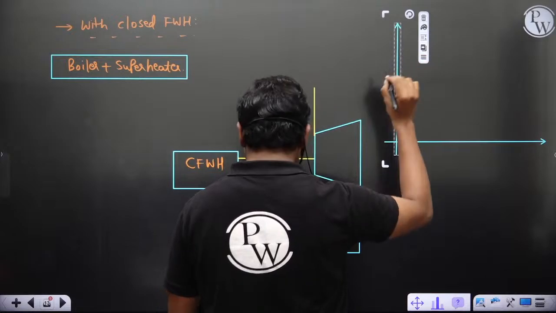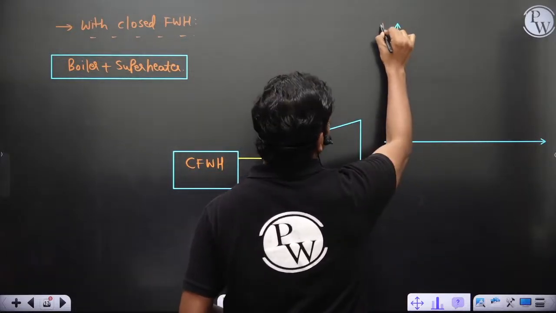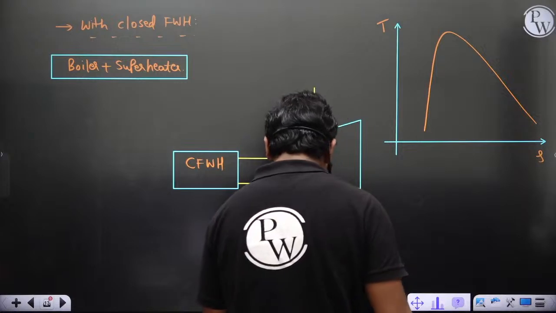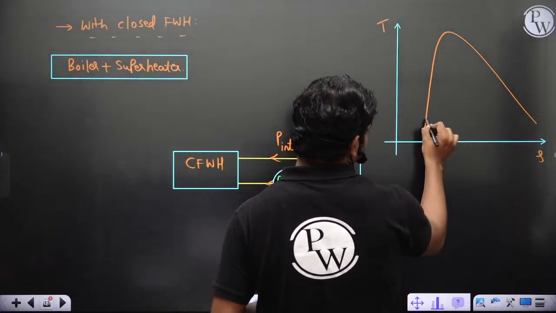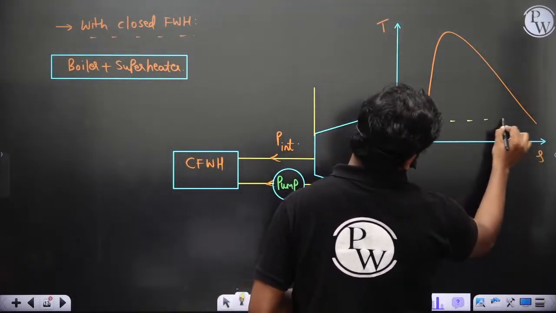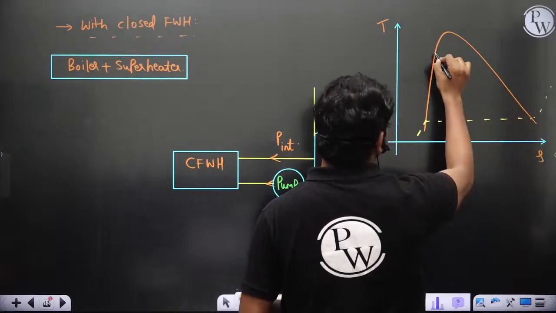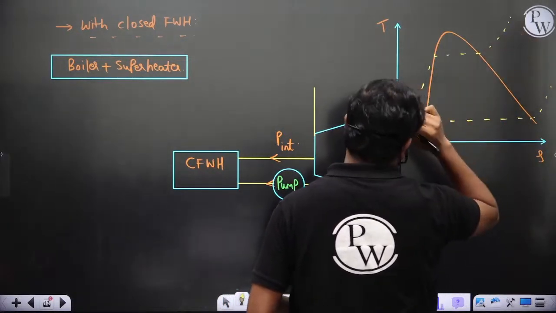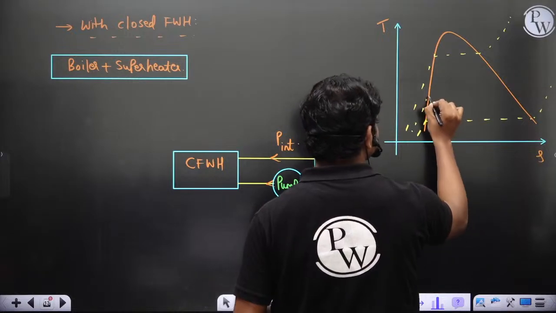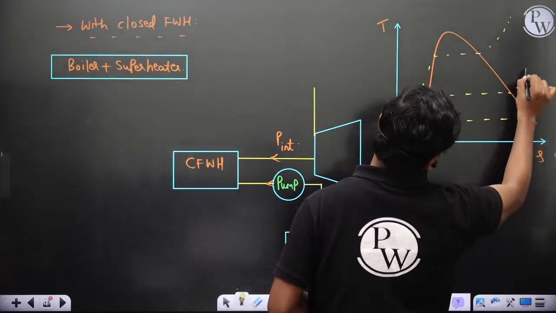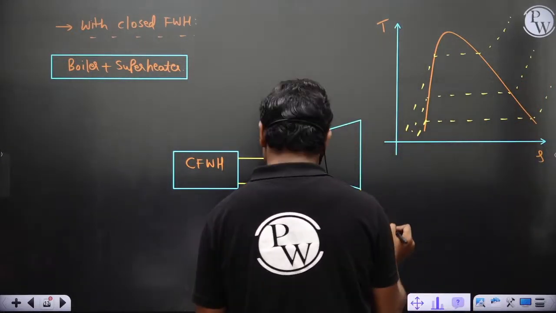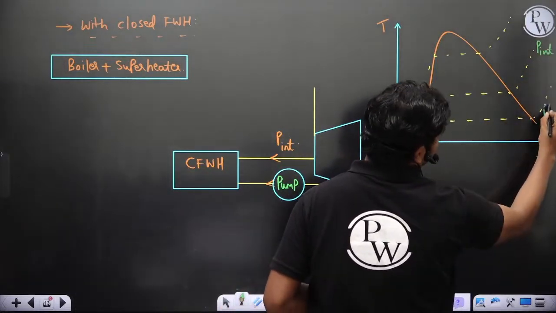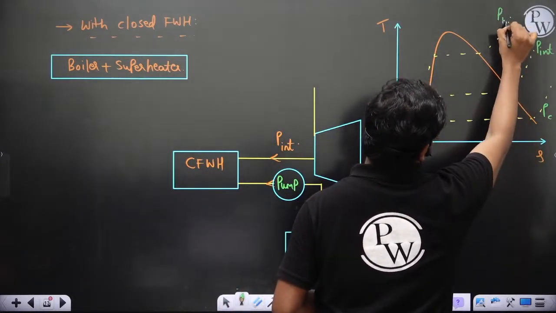In this TS diagram you have three pressures again: boiler pressure, and also intermediate pressure. So this is P intermediate, this is P condenser, and this is P boiler actually.